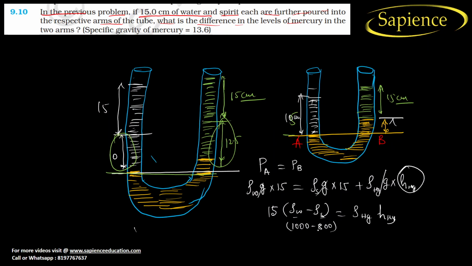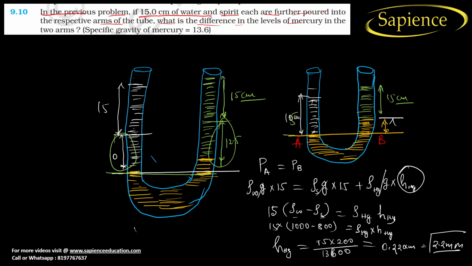This is multiplied by 15, equal to rho Hg into H. Now the height of the mercury column is equal to 15 into 200 divided by the density of the mercury, that is 13600. When we calculate this in centimeter, it is 0.220 centimeter, or 2.2 mm.